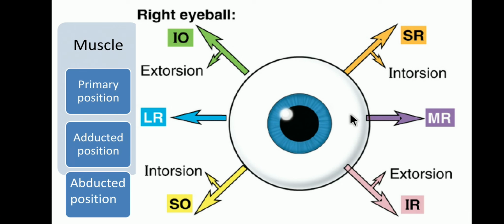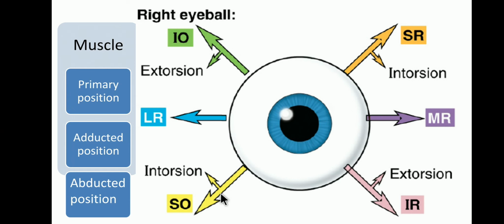Now, for example, if the eyeball is adducted, then superior rectus in the adducted position will bring about intorsion, and in the abducted position it will bring about only elevation. That is what I have given in the table.